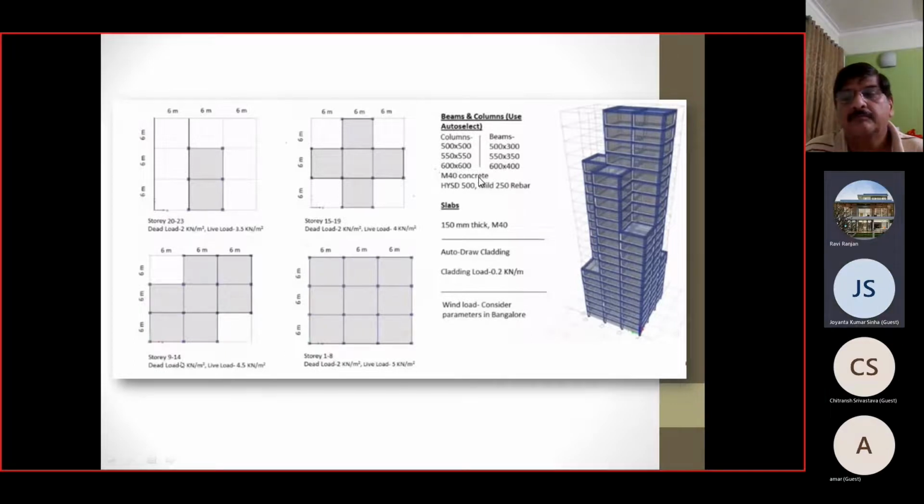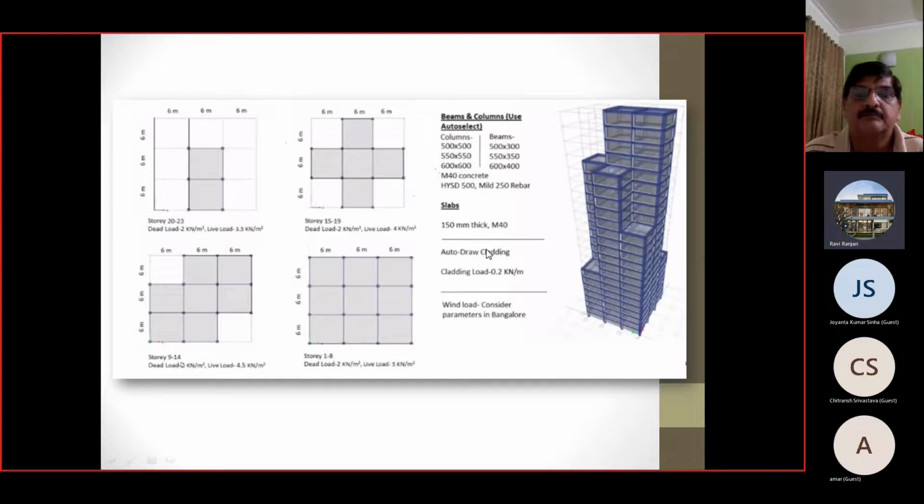We have to use M20 concrete, and for high strength steel we use 500, and for mild we use 250. Slab also we design, 150 thickness with M40 grade, and in this we have auto draw cladding.